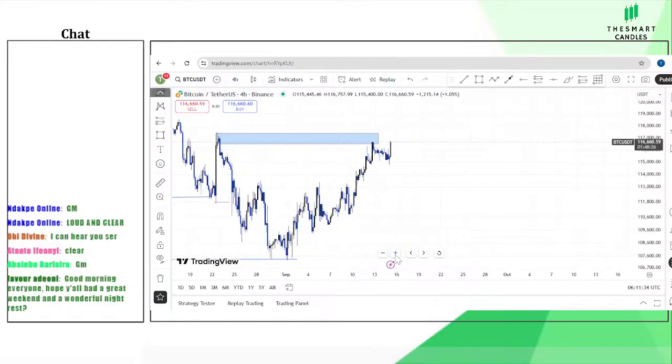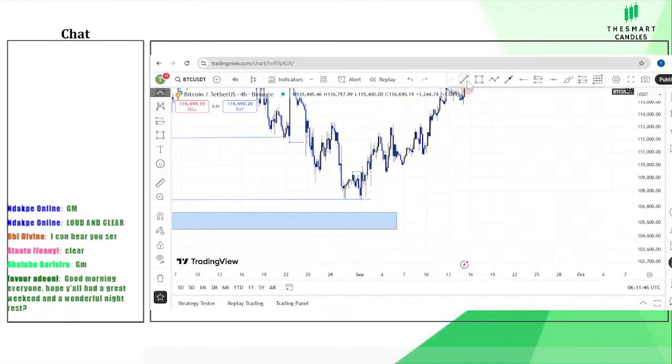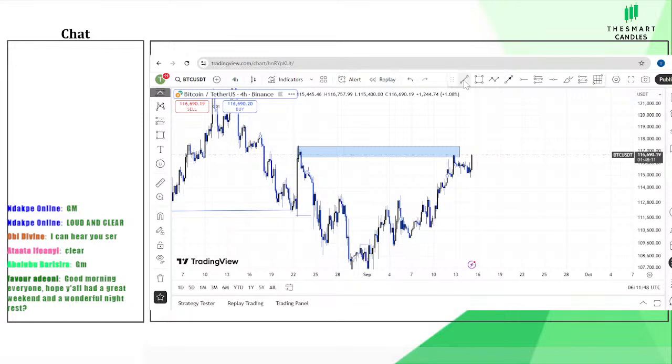Now look at this price closely. If we look at the internal price movement, this was where we had the last low and a sweep at this point. After that sweep, we had a break of structure at this point here.